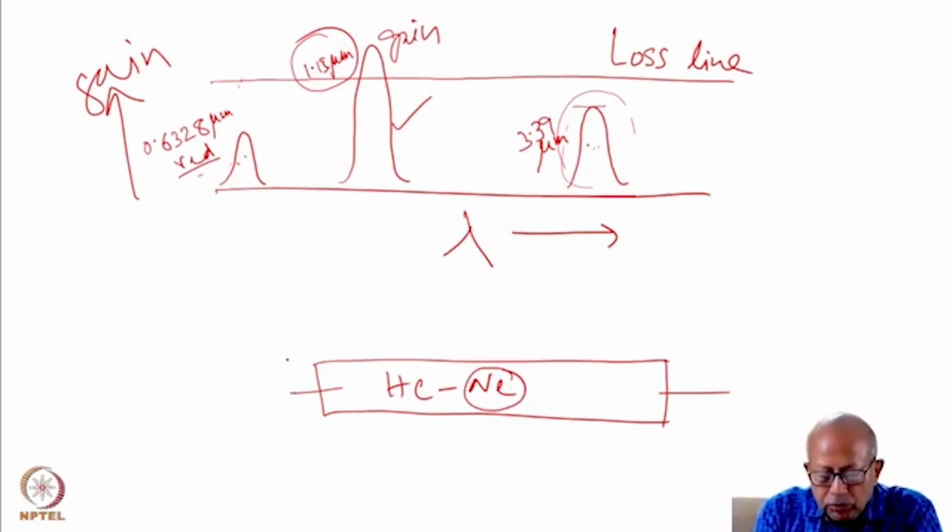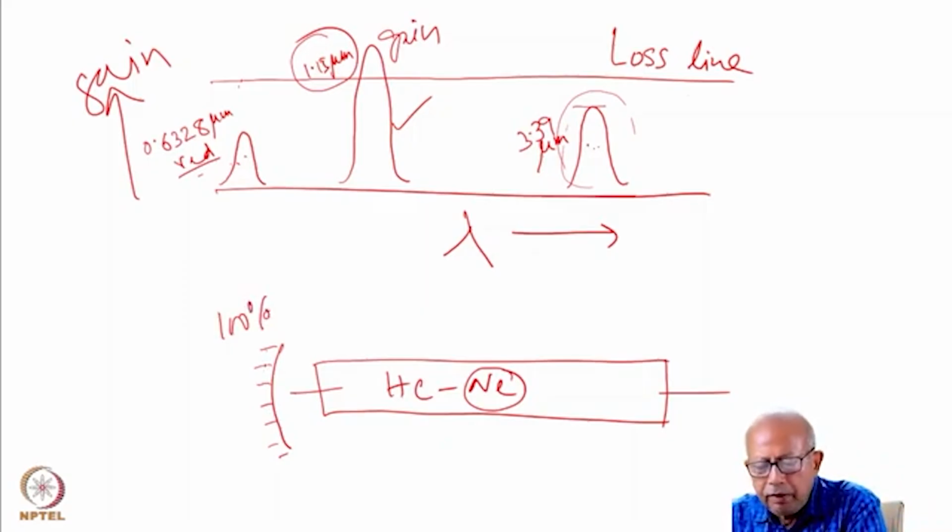Now you will have to, of course, place it in a cavity. So let us assume this is our rear mirror, which is 100% reflective, and it is concave to add stability to the cavity.